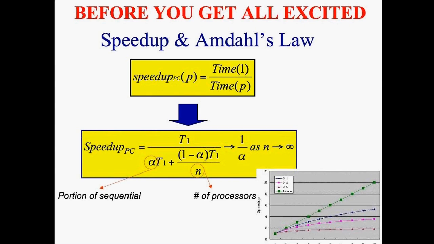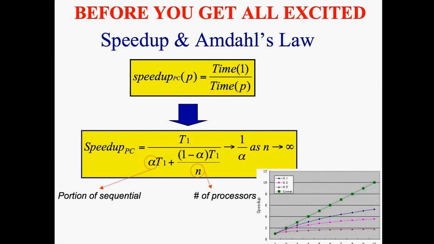For example, when I'm building my model, or actually solving the equations, the Ax equals b equations, a portion of that just has to be done sequentially. If that portion is, say, 10% of the problem, the maximum speedup I'm going to achieve is a factor of 10. So even though I have 200,000 or 300,000 cores available to me, the maximum speedup I can actually achieve is 10.